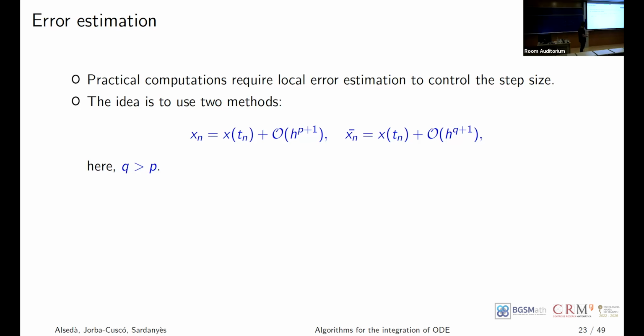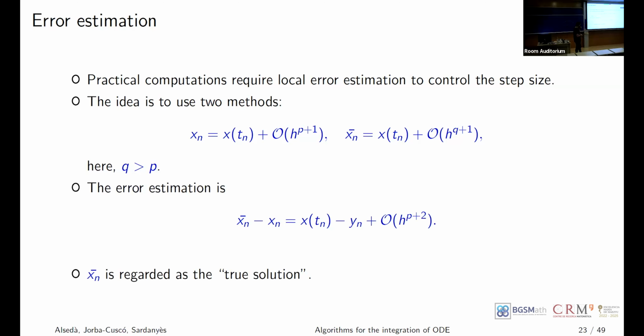So the idea, and that's also true for other methods, is that we use a couple of methods, and one is of larger order than the other, and this one with higher order is regarded as the true solution. And with that we estimate the error.